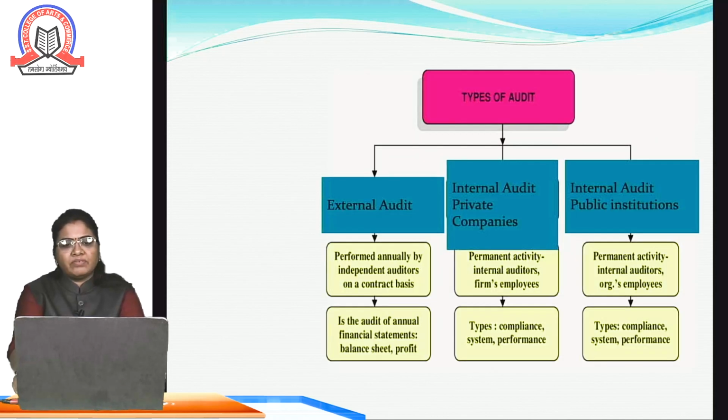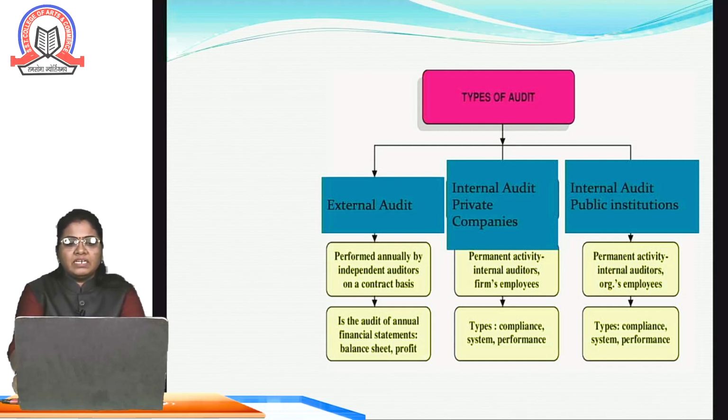There are types of audit. First one is external audit. Second one is internal audit for private companies. Third one is internal audit for public institutions. The external audit is performed annually by independent auditors on a contract basis.